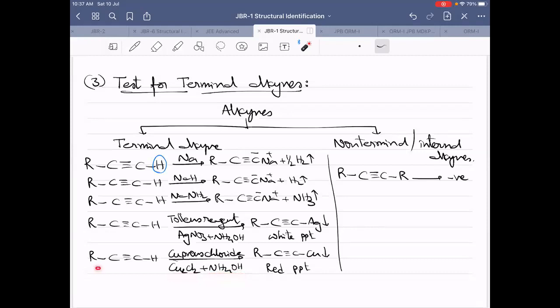If a red precipitate is formed, it means the given alkyne is a terminal alkyne. If you are not getting a red precipitate, it means it is something like an internal alkyne. Understood the point? These are the identification tests to distinguish terminal alkynes from internal alkynes.